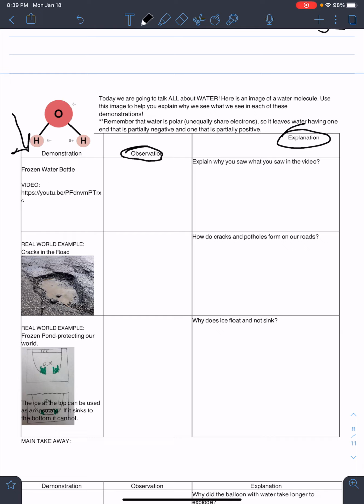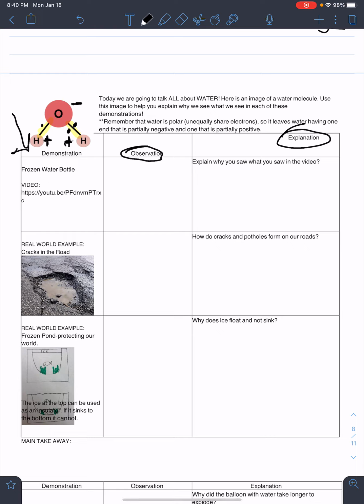So I drew water over here, and you'll notice that up here there's a partial negative sign, and down here there's a partial positive. And you'll remember that water is polar. So this water has a covalent bond right here between the O's and the H's. So they're sharing electrons. But these electrons are usually closer to the O in the bond.